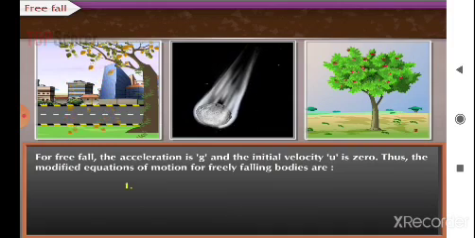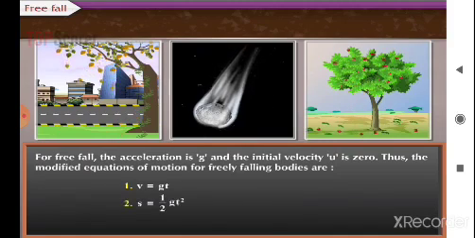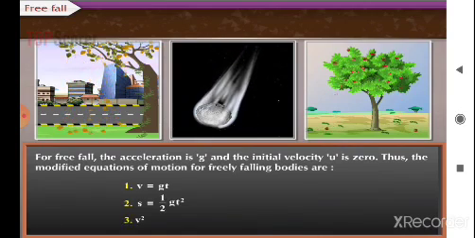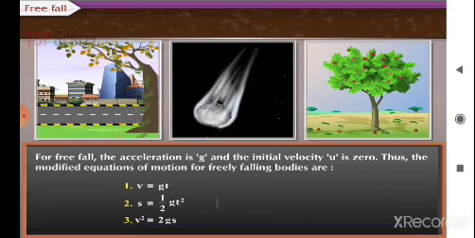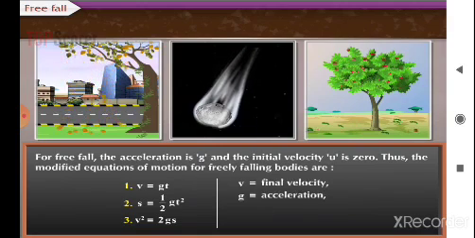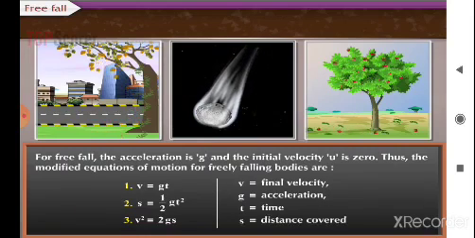Thus, we can write the equations as: first, v is equal to gt; second, s is equal to half of gt square; and third, v square is equal to 2gs, where v is the final velocity, g is the acceleration, t is the time, and s is the distance covered.